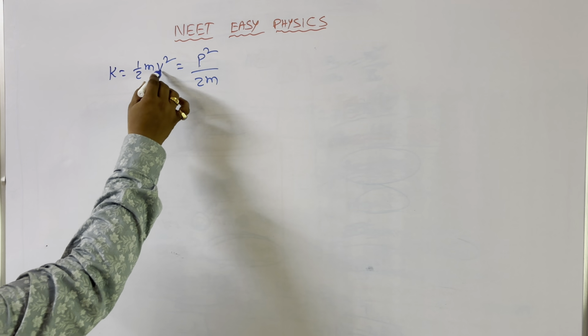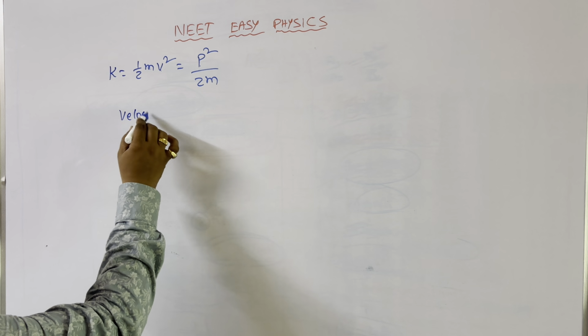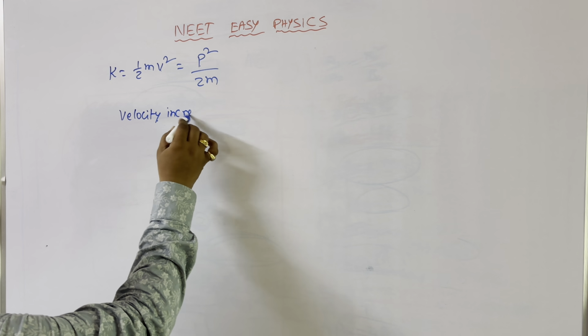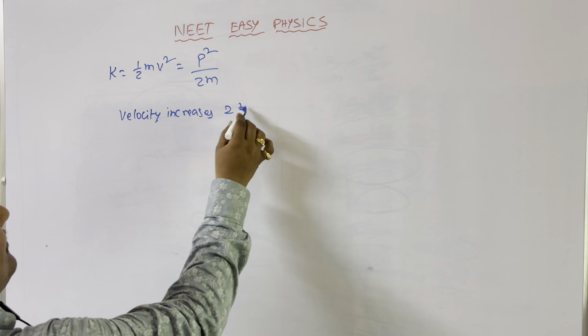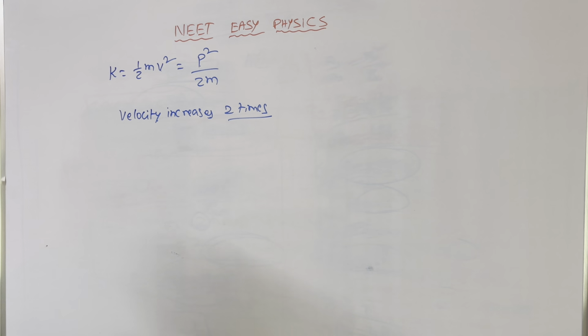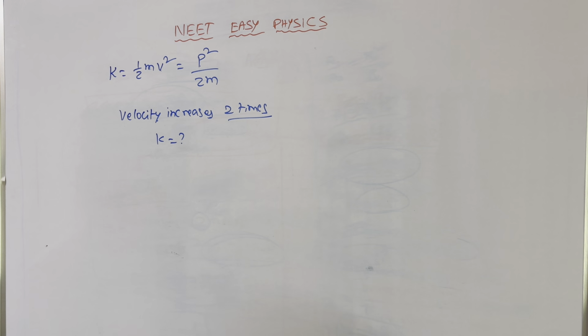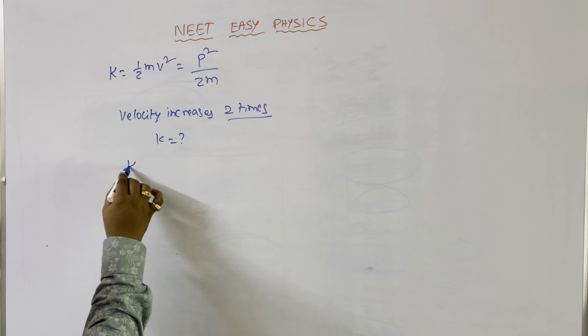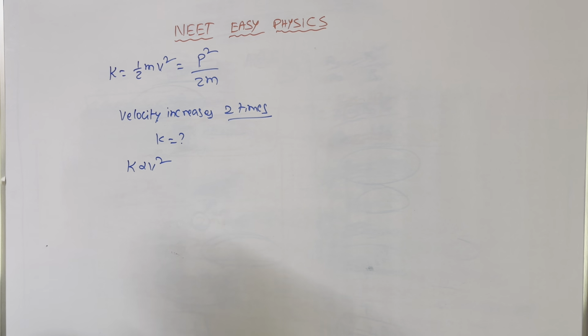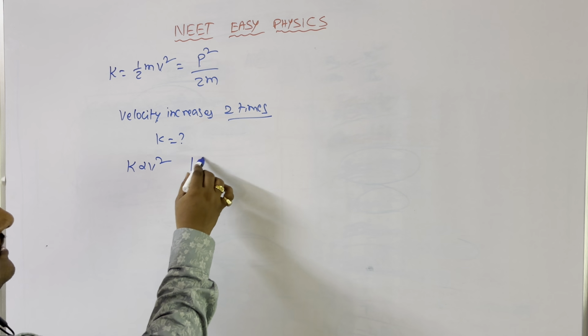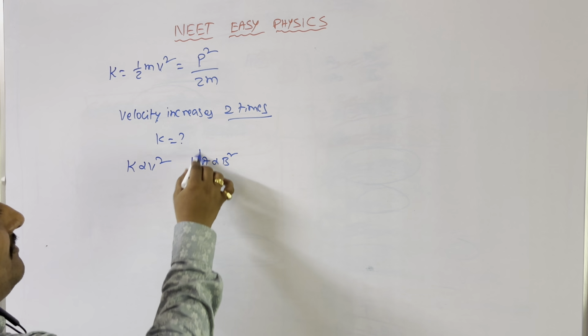So now velocity increases 2 times. What happens to kinetic energy? They will ask. At the time, what is the relation between kinetic energy and velocity? K is directly proportional to v square. We already discussed A is directly proportional to B square.